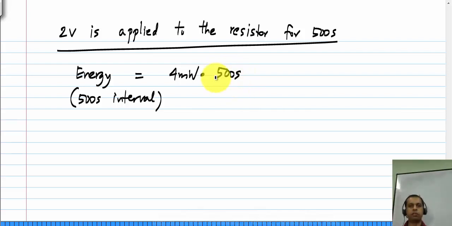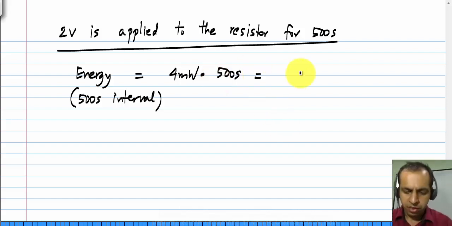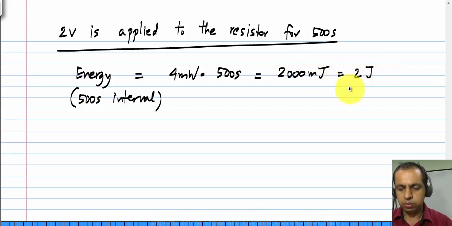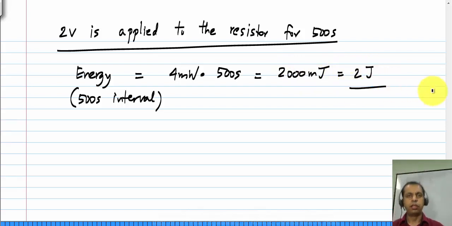We have applied a constant voltage, so we just have to multiply the power by the time interval. If the voltage were time varying, the power would be time varying, and you would have to integrate it over this time interval. This will turn out to be 2000 millijoules or 2 joules of energy. Okay. Very simple calculation, but as long as you know the voltage across a resistor or a current through a resistor, you should be able to calculate the power delivered to the resistor or energy delivered to the resistor in some given interval. Okay.